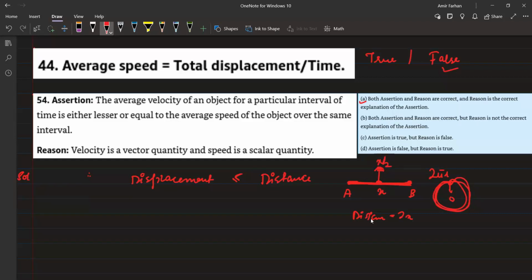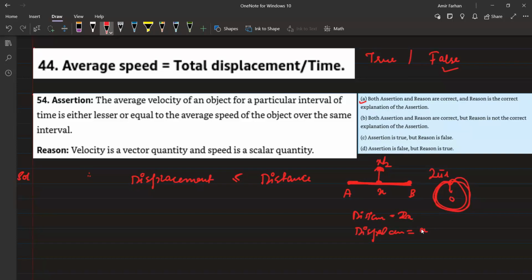Now tell me, what is the displacement? Displacement will be X, according to Reem.